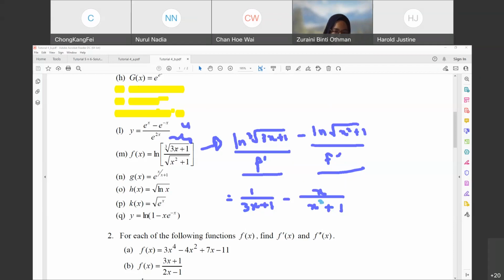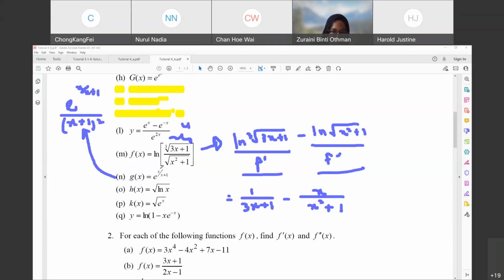And for 14, N kat sini. Okay, final answernya ialah eksponen kuasa X per X campur 1 bahagi dengan X kuasa X campur 1 kuasa 2. Okey.